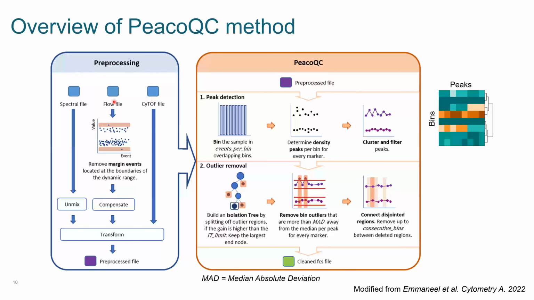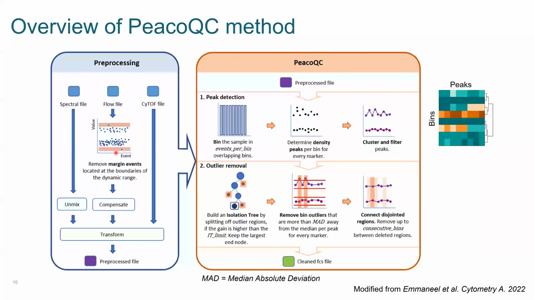Okay. Now, when it comes to a conventional flow file, one aspect is you'll want to make an attempt to remove margin events, right? So these are going to be outlier events that are at the boundaries of the dynamic range of the instrument. Okay, so you can do this inspection manually. I think there are some tools available in R to help automate this a little bit, but you could go through each of your parameters for your data and try to find these events and gate them out. Right?